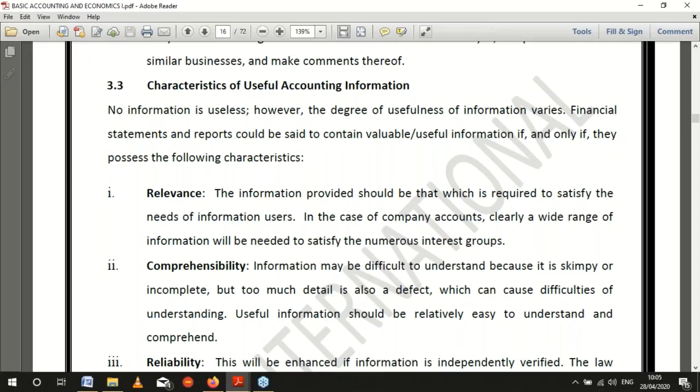Then the next one is the accrual concept. When we talk about the accrual concept, we are talking about the fact that net profit is the difference between revenue and expenses, as opposed to cash receipts and expenditure. To determine your profit, it is your income minus your expenses.